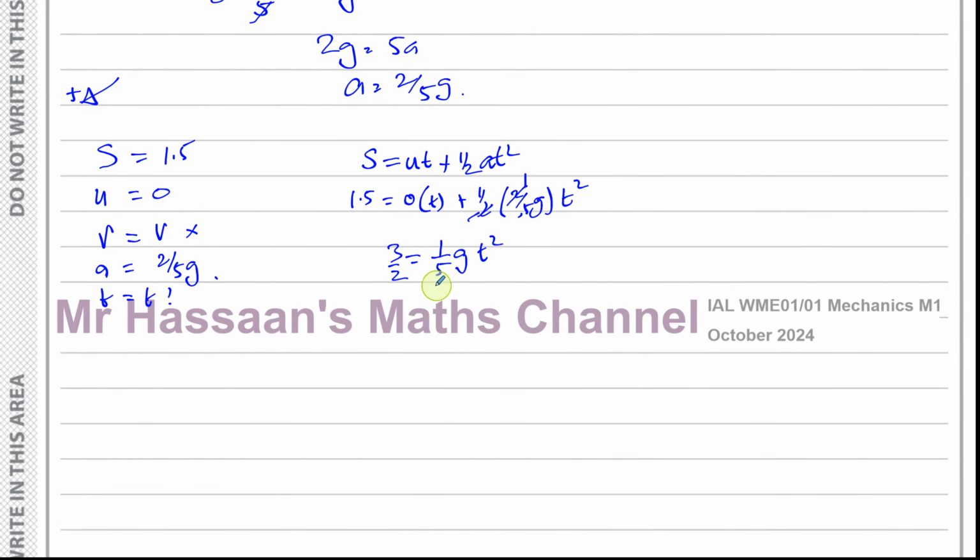So I'm going to multiply both sides by 5, so that's 15. And I'm going to divide both sides by g. So it's 15 over 2g is equal to t squared. So t is equal to the square root of all of that, 15 over 2g. So that's going to find us our time.